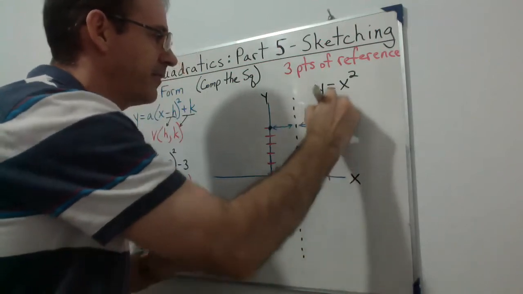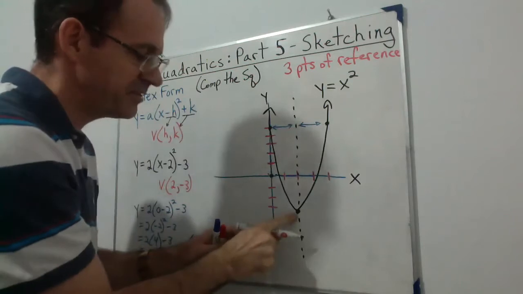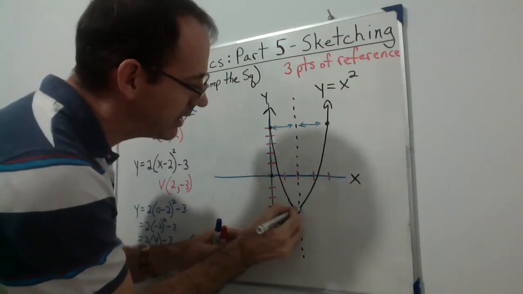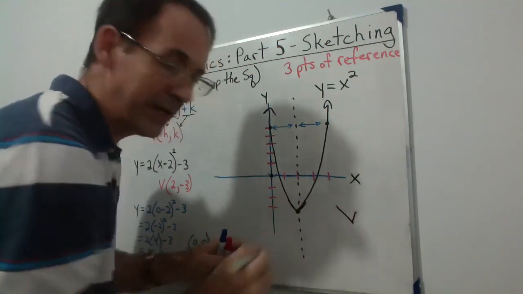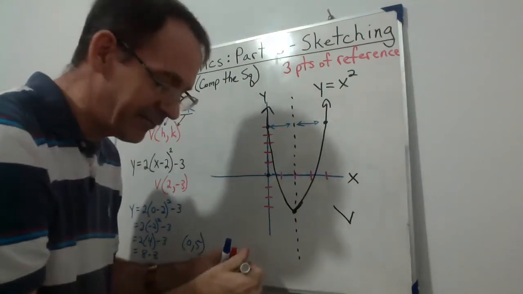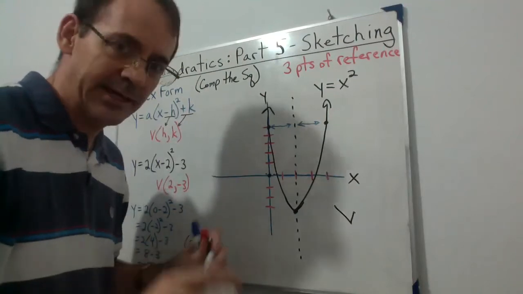So our graph goes through like this, and our graph goes through that. Just make sure you don't make a V down here. It does need to be a curve. Curve means there are no pointy parts. Don't make any pointy parts on your graph, because the people looking at it won't like that.